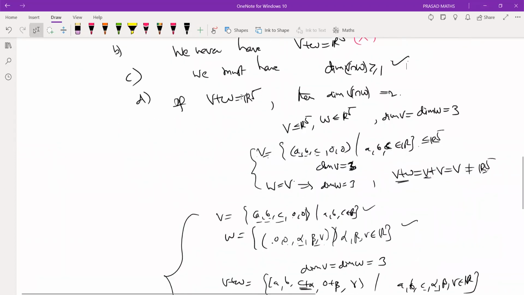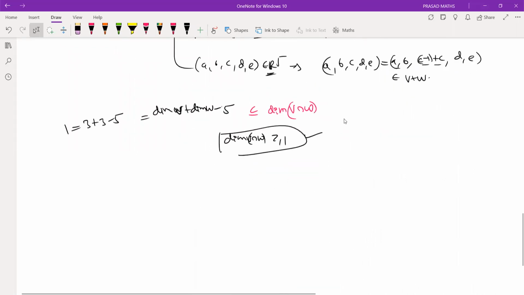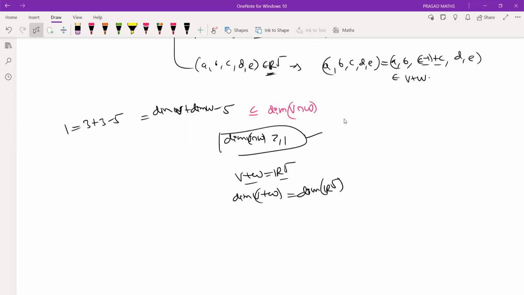Next, whenever v plus w is R5, you need to check whether the dimension of w intersection v is 2 or not. Suppose v plus w is R5. This is a subspace, this is a subspace, this is a vector space, this is a vector space. Two vector spaces are equal only if the dimensions are equal over the same field, right? But the dimension of v plus w is the dimension of v plus the dimension of w minus the dimension of v intersection w.